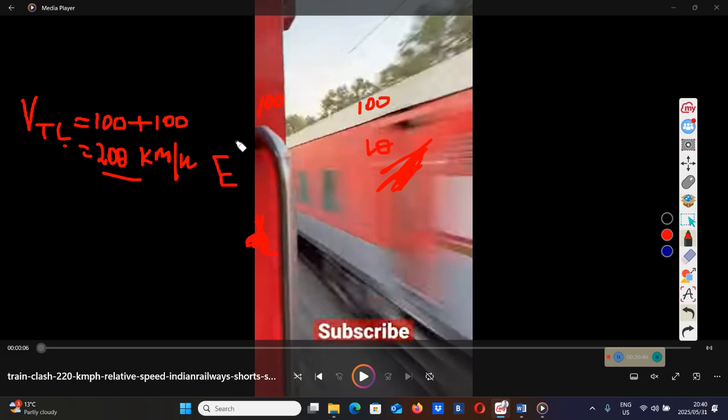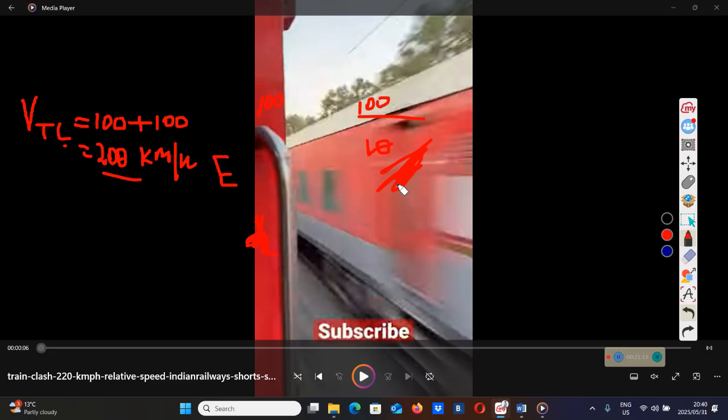While in reality this train is not moving with the speed of 200, but is moving with 100 kilometer per hour. So in other words, this train will appear moving faster than its actual speed. That is what we saw in that first scenario where the train was moving with 30, the other one was moving with the speed of 60.